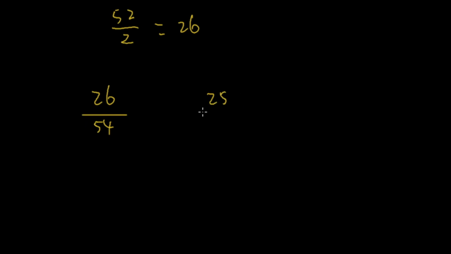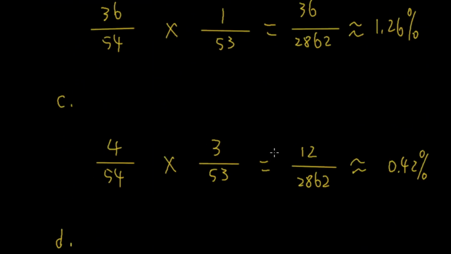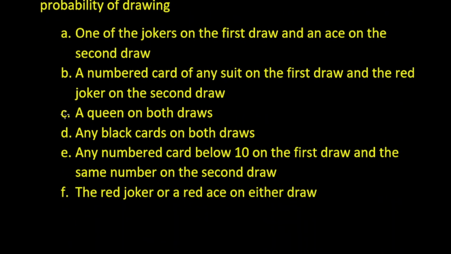And again, since you don't return the card, you have 53 cards to draw from on the second draw. And you multiply these two probabilities together, the probability of the first draw and the probability of the second draw.